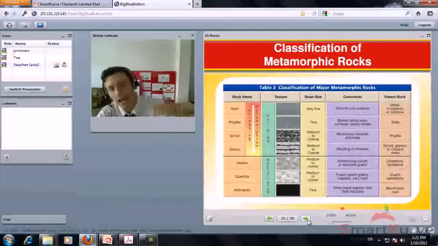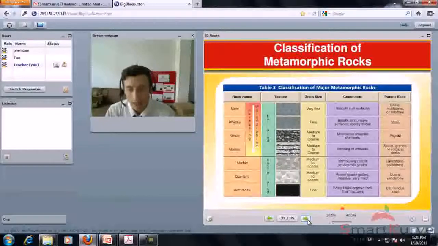And as we go down that table, the particles, the grains, get larger and larger, and our metamorphism actually increases. So we go from slate to pyrite to schist to gneiss.